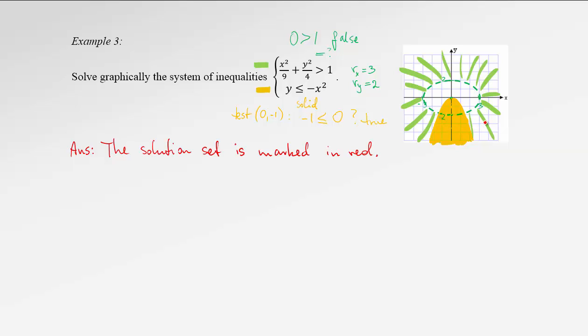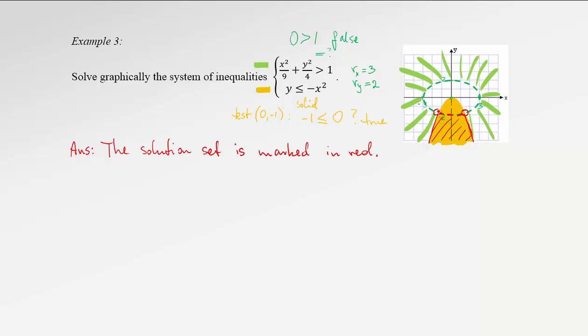So intersection of green and orange. Now the common part of green and orange is actually here. Everything was here. But the part of the ellipse will be dashed. And since the corners, the intersection of the parabola and ellipse, do not belong to the ellipse, we need to put an open circle.